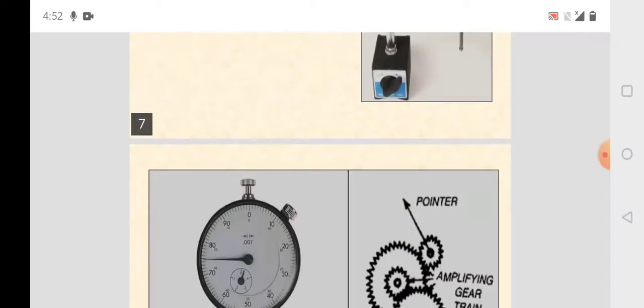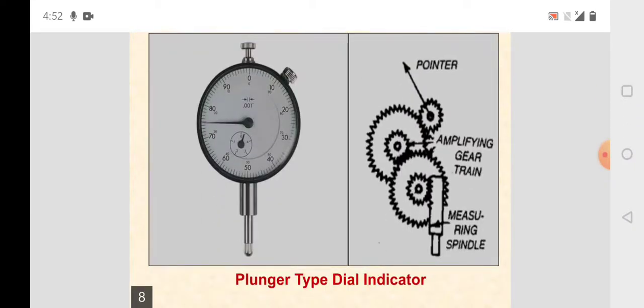In this dial indicator, you can see there is a plunger. Plunger means the probe, which comes in contact with the workpiece, and because of the irregularities in the workpiece or the dimensional difference, this plunger can move up and down. When it moves up and down, that movement of the plunger is converted into the movement of this indicator along the dial, and it is very sensitive.